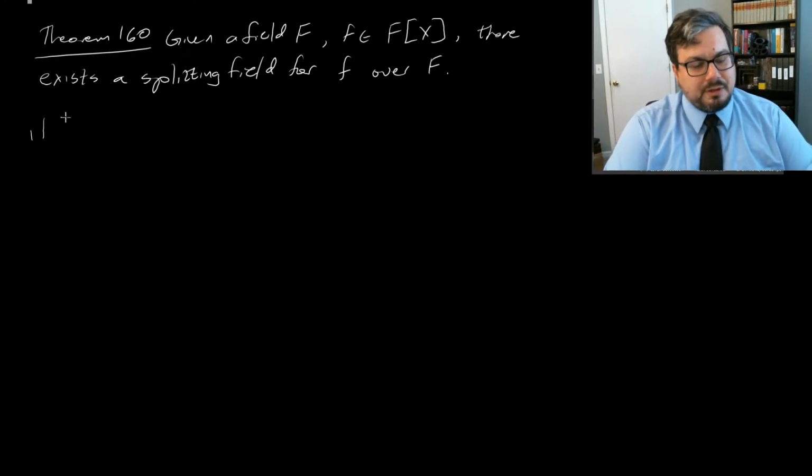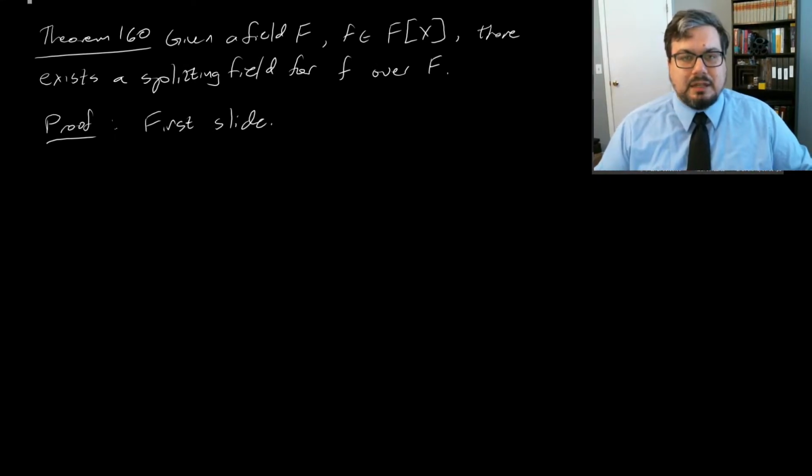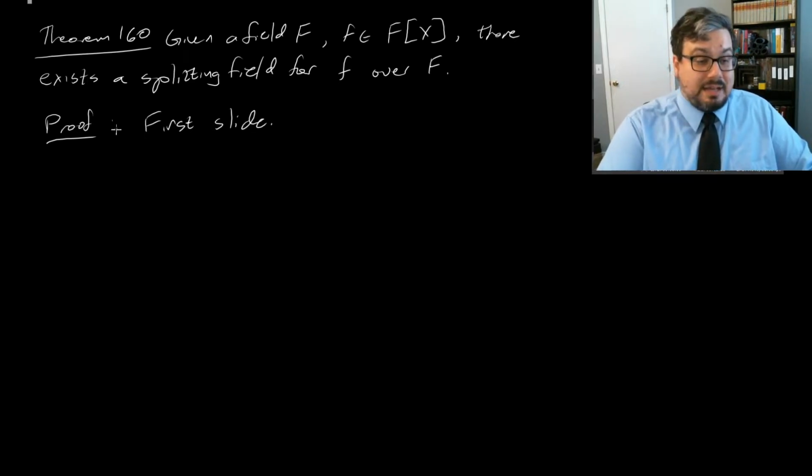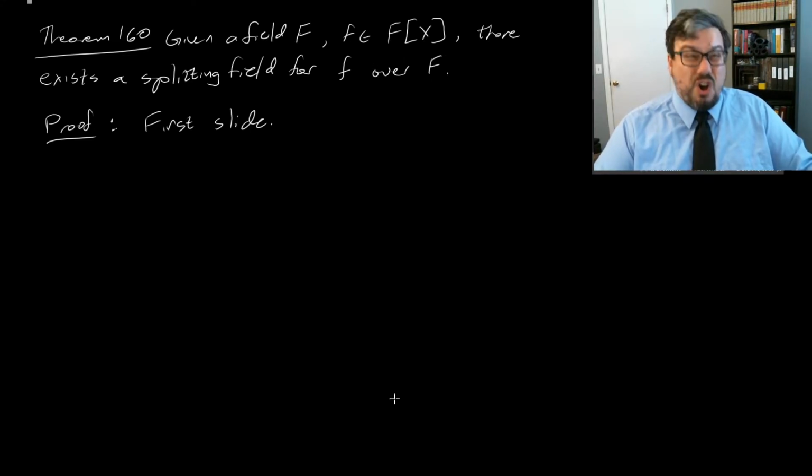Now the proof, this was the first slide. The first thing we did, putting it into a perfectly rigorous form would require a tiny bit more exposition, but all the ideas are there, where we basically just apply Theorem 157 over and over again.